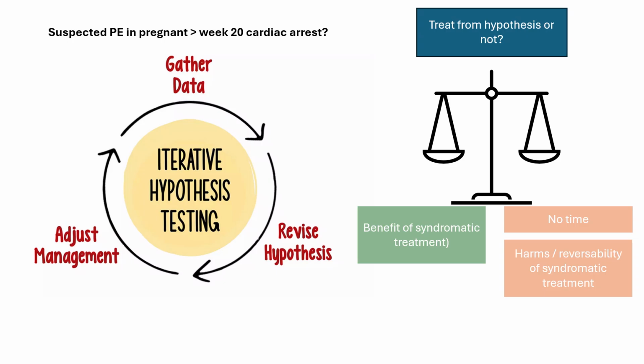If you don't see an obvious clot on the ultrasound DVT scan, then you might have to systematically think through your 4 H's and 4 T's really fast, and see, okay, is there anything else? No. Okay, then it can only be PE, and then you can try to treat. But these are the kind of things that we have to script in our head and see what would I do in this scenario.